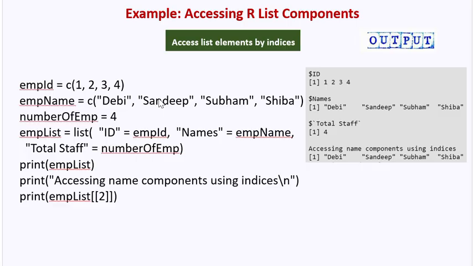In the traditional languages like C, C++ or Java that we used to learn, the first index value is 0. But in R, the first index value is always 1, never 0. So if you mention 2, it will access the second element of the list, which is nothing but the names. So this is what you are getting: the list of names, accessed by the index.